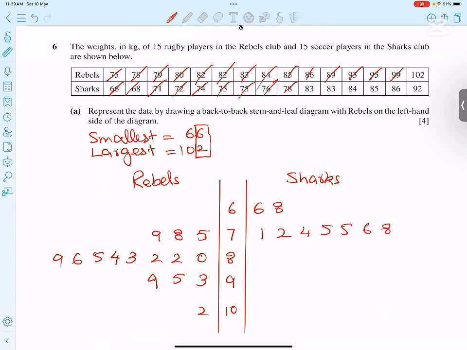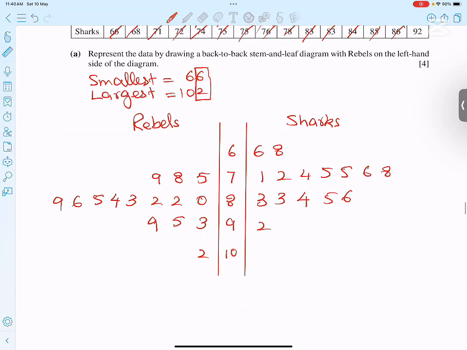Then we have 83, which comes two times, 84 one time, 85 one time, 86 one time, and then 92. Now we are bound to write the key. And how to write the key? We can take any sample. For example, I take this. I can take this, I can take this. Any sample. So I have taken this.